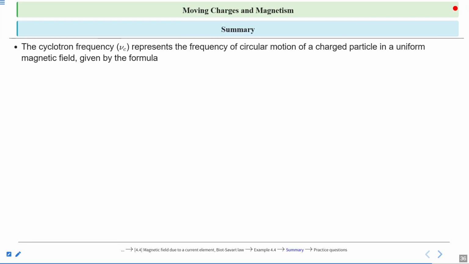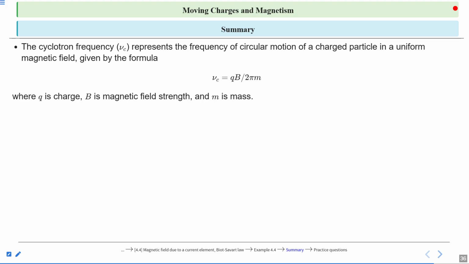So cyclotron frequency νc represents the frequency of circular motion of a charged particle in a uniform magnetic field, given by the formula νc equals qB by 2πm. Okay, let's have a quick recap of the topics that we have discussed today. So what is cyclotron frequency?